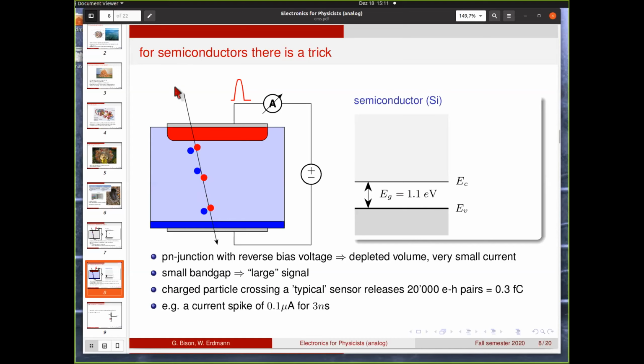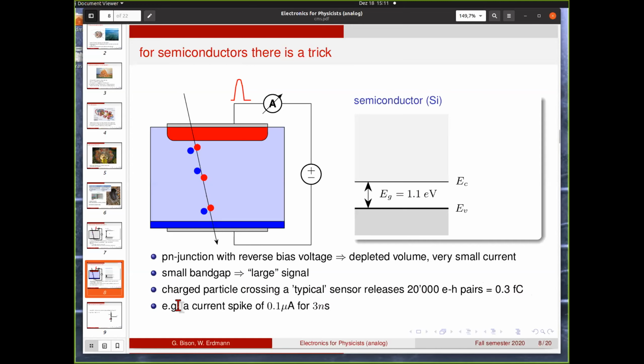So when you have a typical width of a silicon detector, 300 microns or so, then a charged particle that flies through creates about 20,000 electron hole pairs. So that corresponds to an electron charge of 0.3 femtocoulombs only. That's not too much.